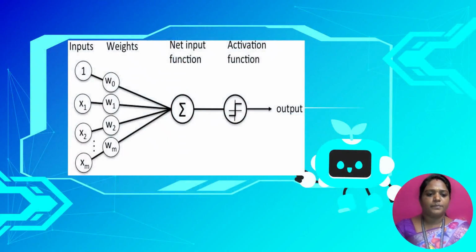This diagram represents the input layers and the weights. Then the activation function. Before that, in the hidden layers, you have to sum up all the inputs and weights, and then process and transmit the output information.